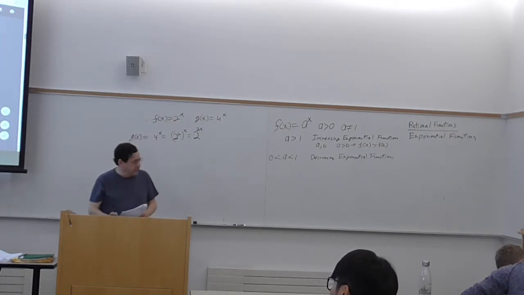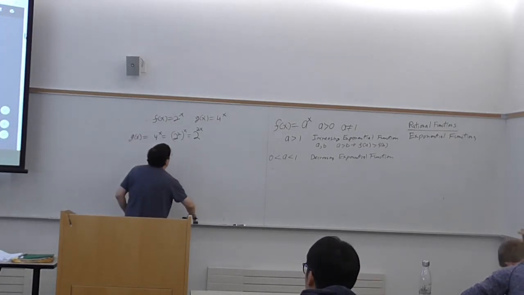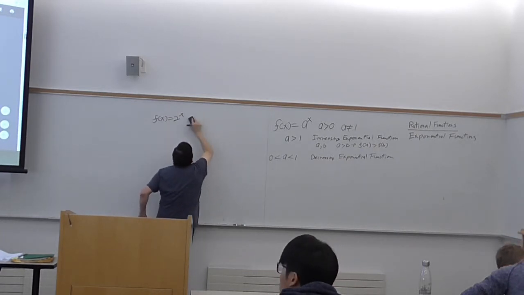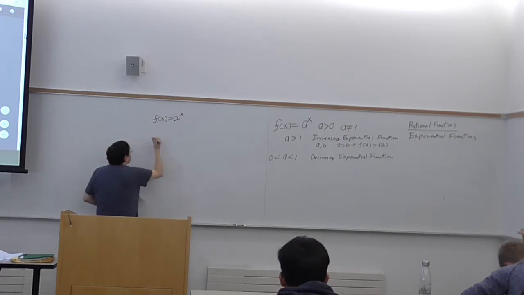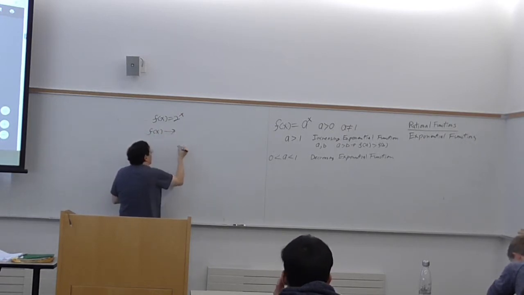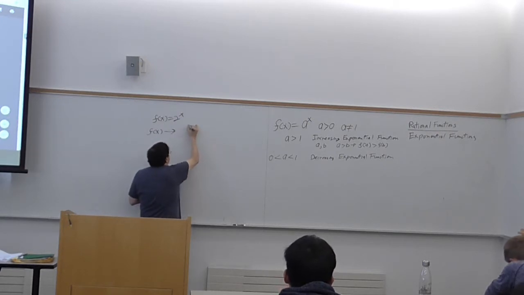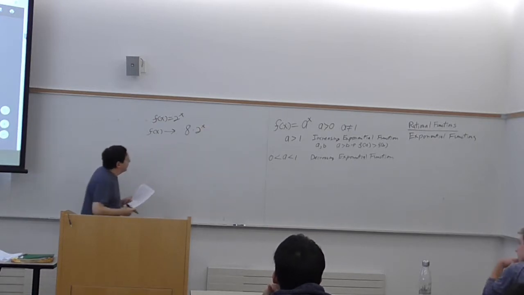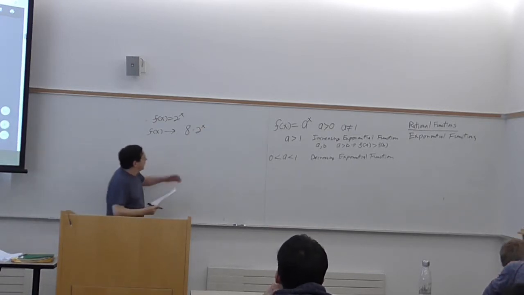Another thing we might look at is what happens if I try and transform f of x by multiplying it by some constant. So let me multiply 2 to the x by 8. Well, let's look at that for a second.